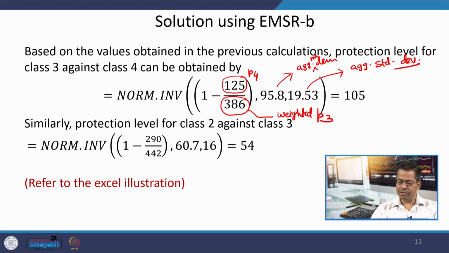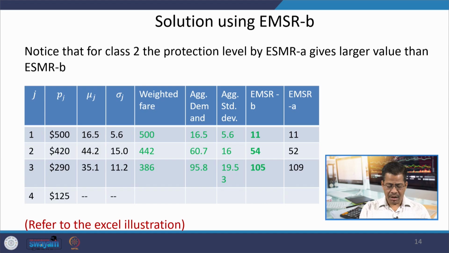So, using this type of formula, you directly get the protection level of 105. Similarly, for class 2 against class 3 you get a protection level of 54, and these are the weighted fares, we already did the calculation, and aggregate demands and aggregate standard deviations.